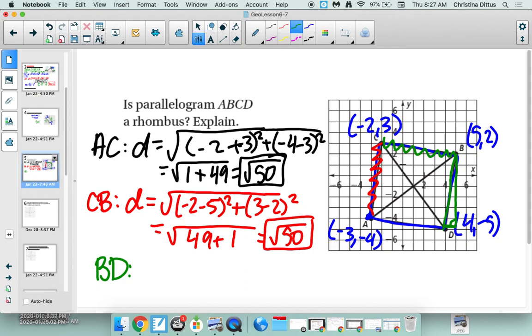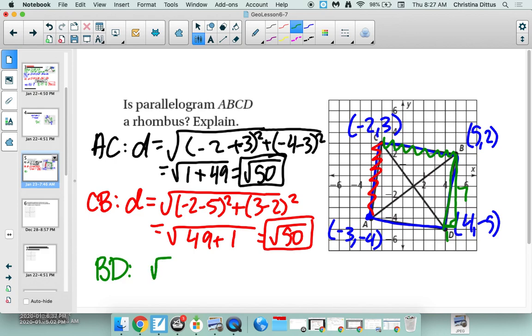How long is this side? 1. How long is this side? 1, 2, 3, 4, 5, 6, 7, right? 7. Isn't that what we keep getting here? Yeah.